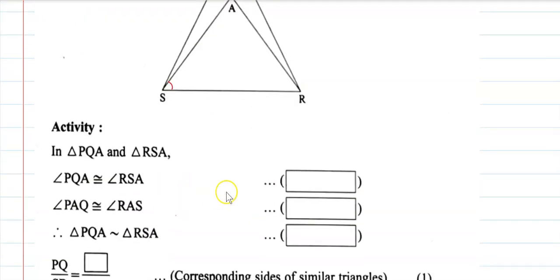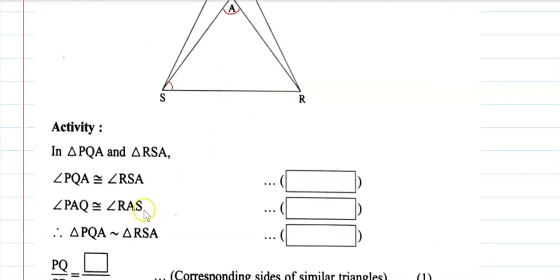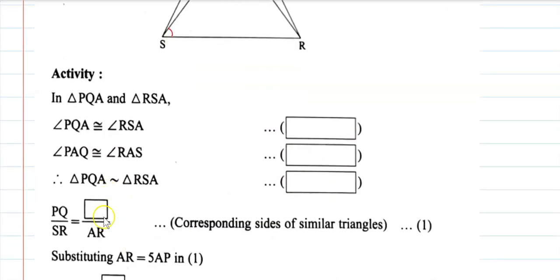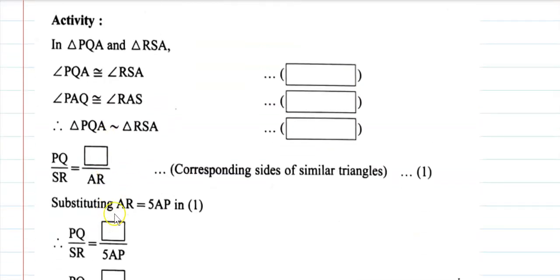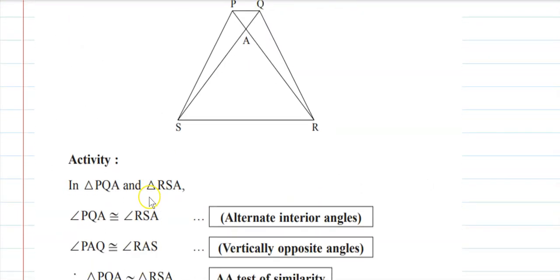And the next angle PAQ is congruent to angle RAS, vertically opposite angles. Therefore, these two triangles are similar by the angle test for similarity. Their corresponding sides are in proportion. Then substitute the values and you get the answer. Now see this one by one.